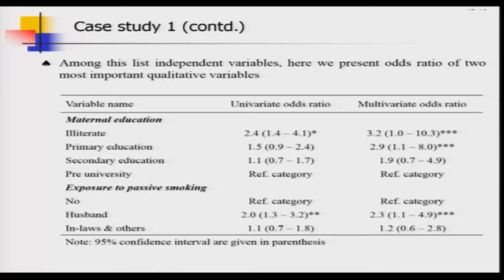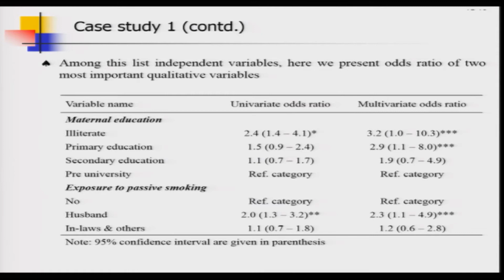So we have decided that we will talk about two important qualitative factors which have affected this particular variable LBW pretty much. So, in the next slide I am going to show you results regarding those two qualitative or attribute variables only. Now, here I am going to talk about the odds ratio numbers.